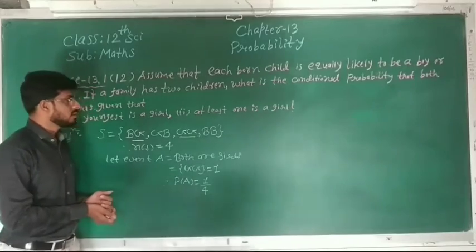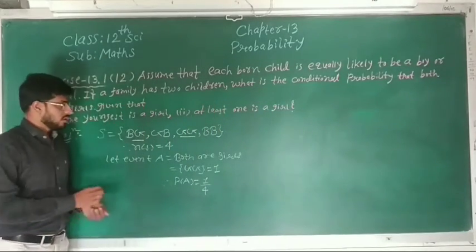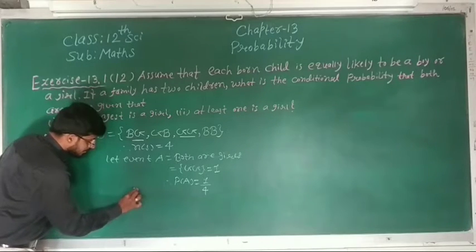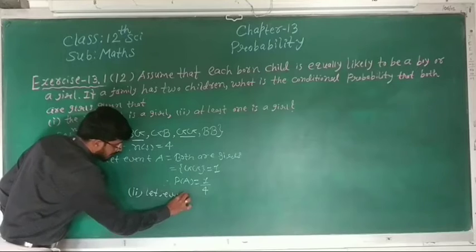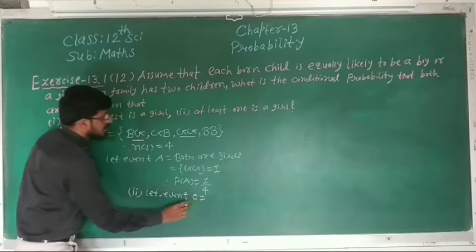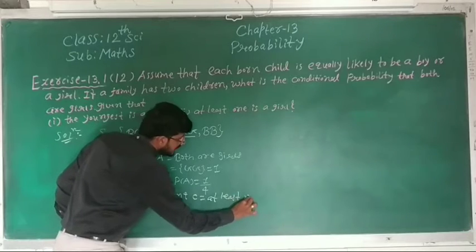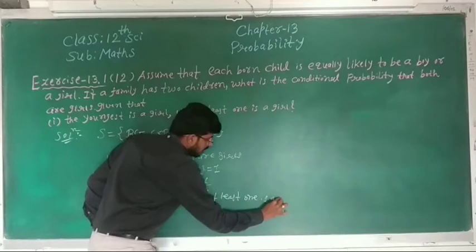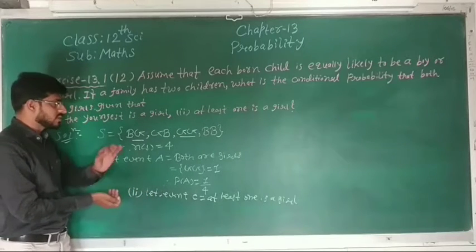In the second case, given that at least one is a girl, let event C be at least one is a girl. So it is first or second, but at least one girl.